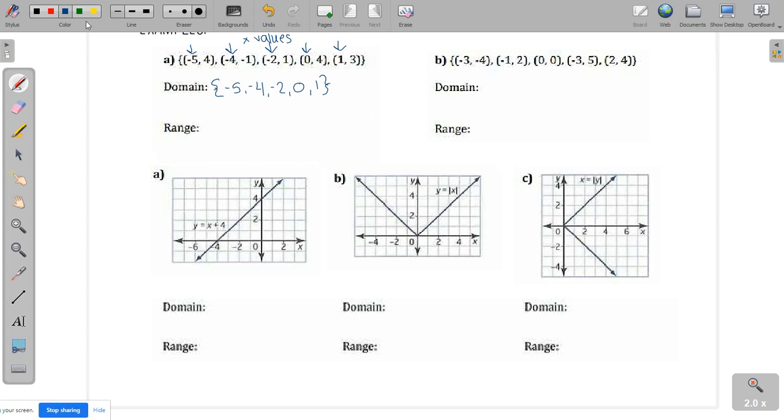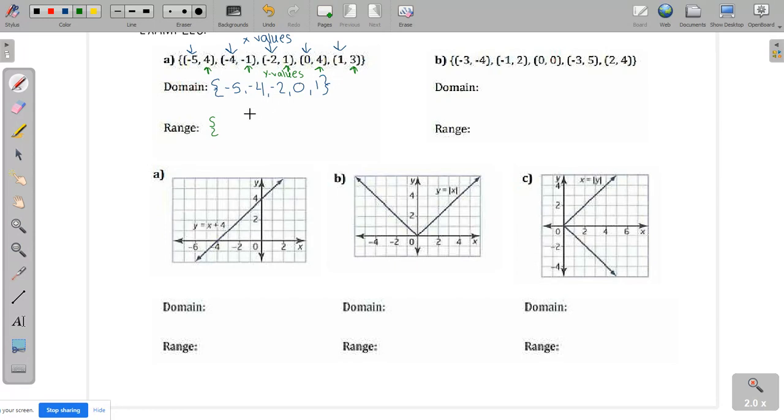I just listed out the x values and put commas in between with the squiggly brackets. Now the range are all of the y values. So we're going to do it the same way. We're going to list them out. So we have 4, -1, 1, 4, and 3.